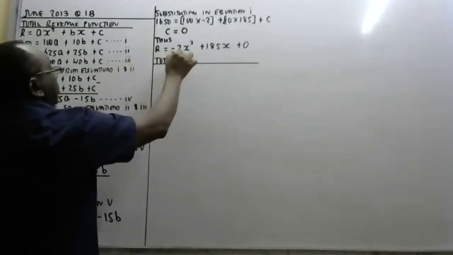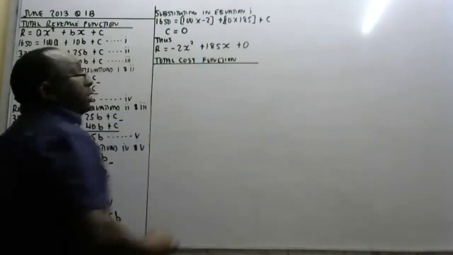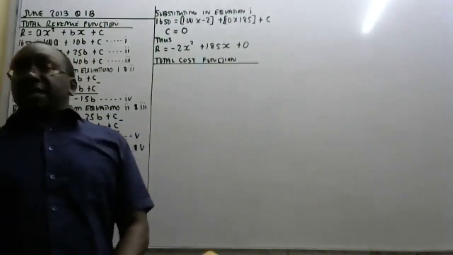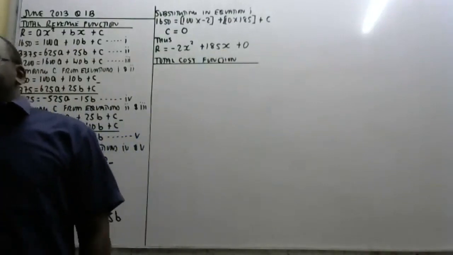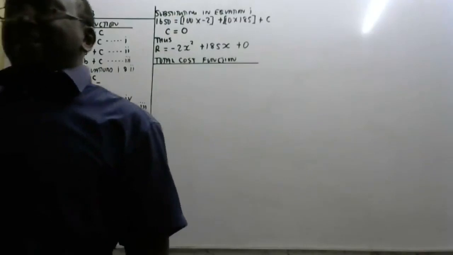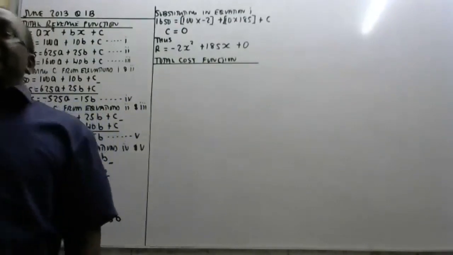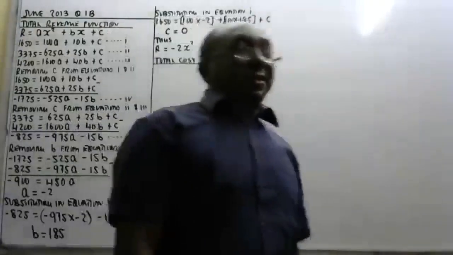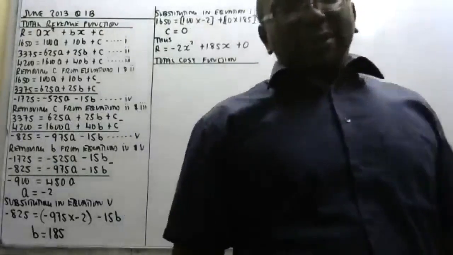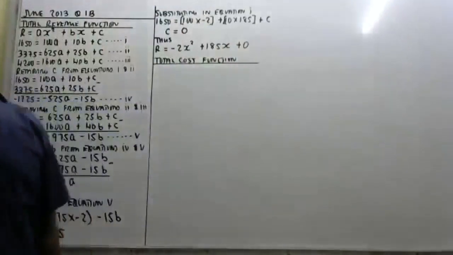Total cost function. I told you there are 3 ways of getting a total. The first way, the total of anything: you can add goods, you can multiply, you can integrate.